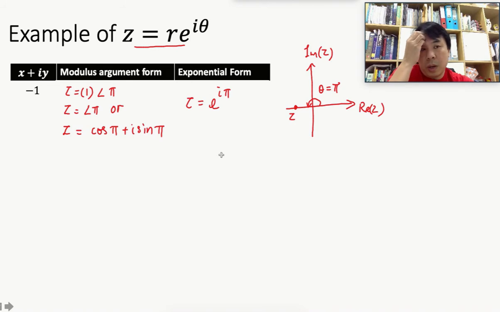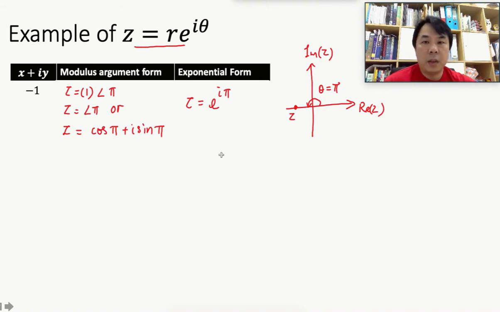Of course some of you are wondering, why do we need so many representations of this complex number? Each one of these representations has its own pros and cons depending on the context of the problem that you are facing. So I hope the first question is clear.